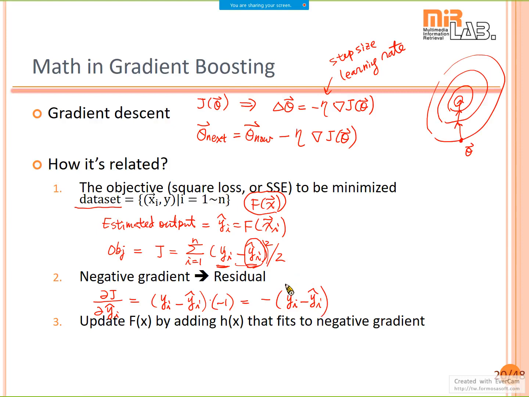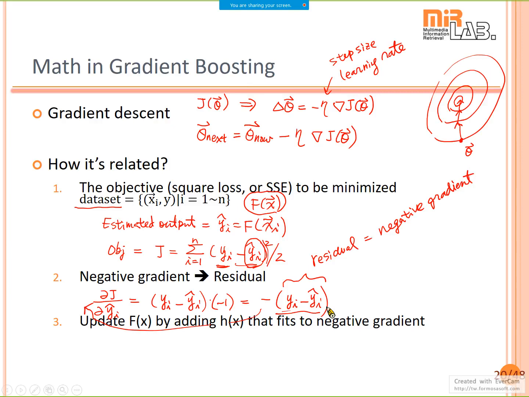And this is the so-called residual, or the deviation between the predicted and the actual output. And here we can see the residual is equal to the negative gradient, because we can move a minus sign from here to here. So the residual is equal to the negative gradient.